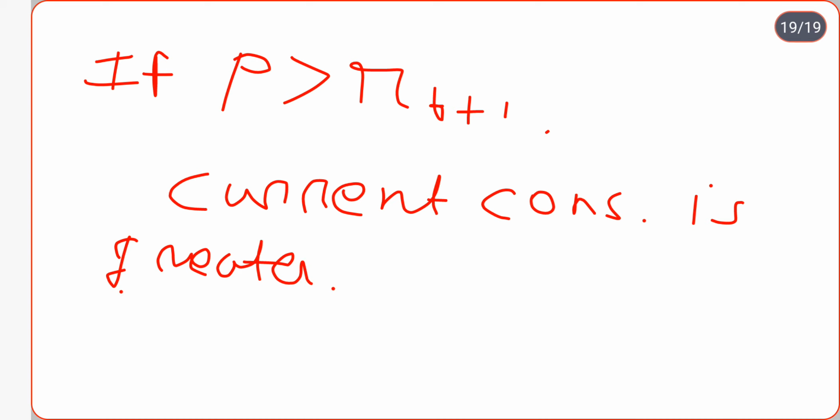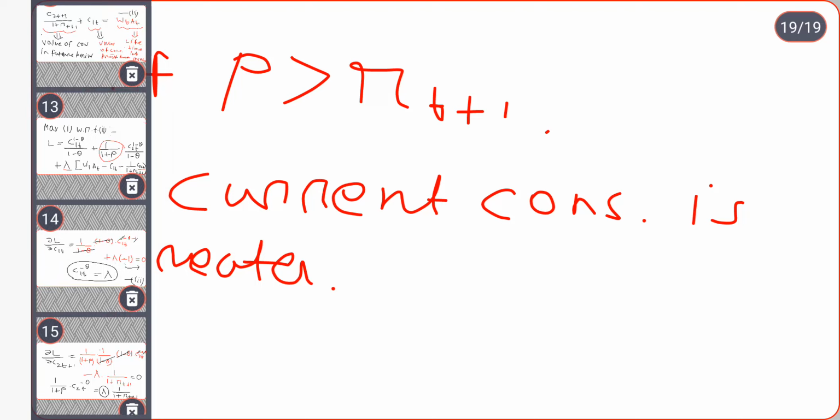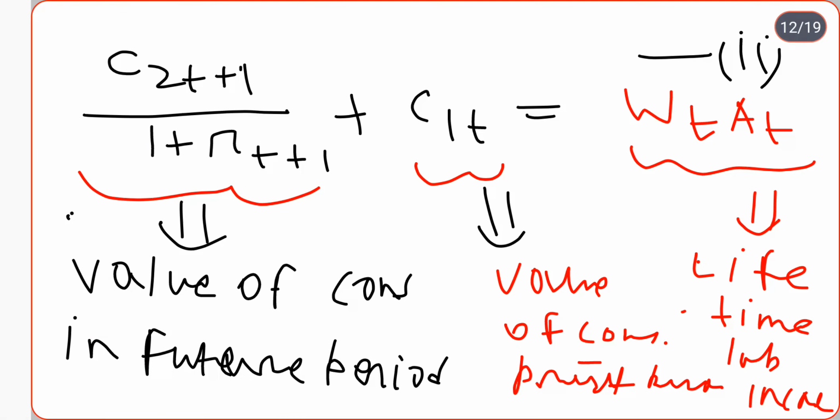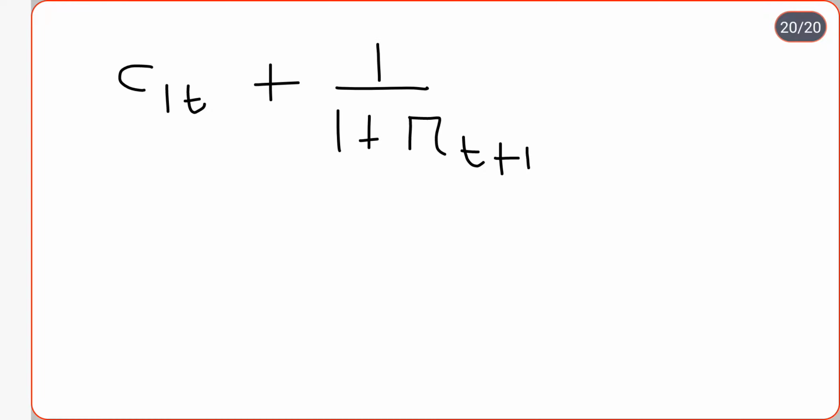Now the concept is very clear, I feel. So if I want to write this budget constraint again, I feel you can remember which one is the budget constraint. This equation that we have written here is the budget constraint. So if I write it again, that is c1t plus 1 by 1 plus rt plus 1, that is the discount, into c2t plus 1.